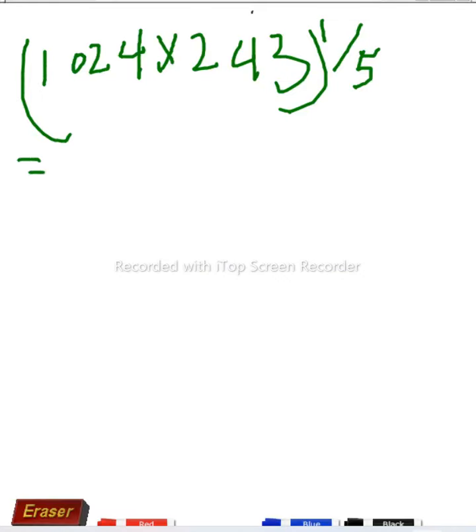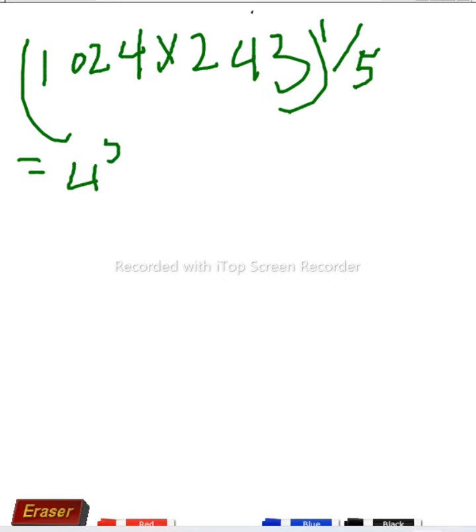Sometimes you can use a calculator for this type of question. We have that 1024 means, in another way, 4 times 4 times 4 times 4 times 4, so 4 to the power of 5.